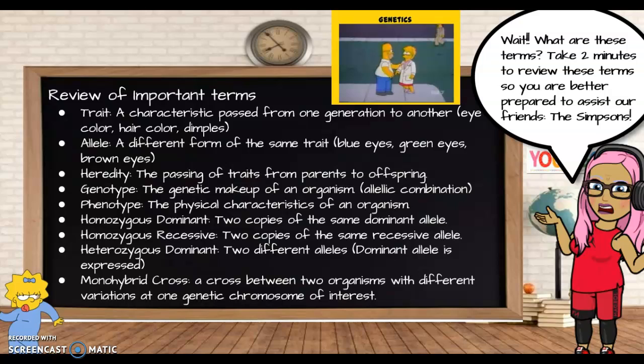There's no way you can get a heterozygous recessive. A monohybrid cross is a cross between two organisms with different variations at one genetic chromosome of interest. So in this case, we're going to be talking about dimples. That is the one genetic chromosome of interest that we're interested in for this lesson.